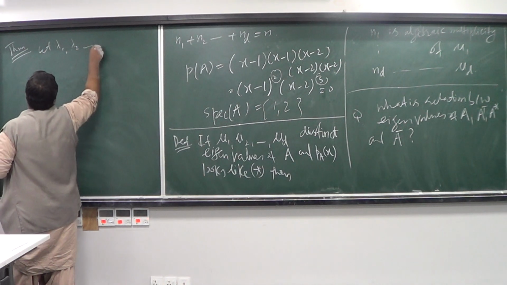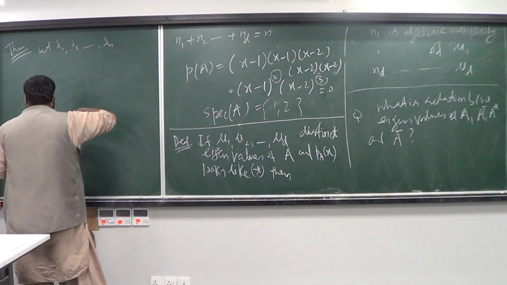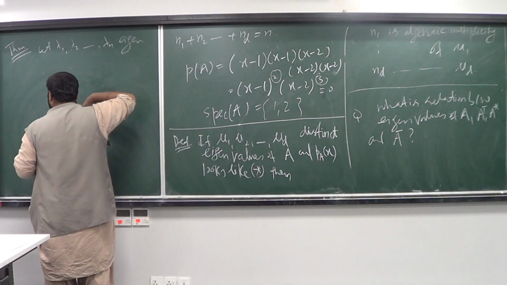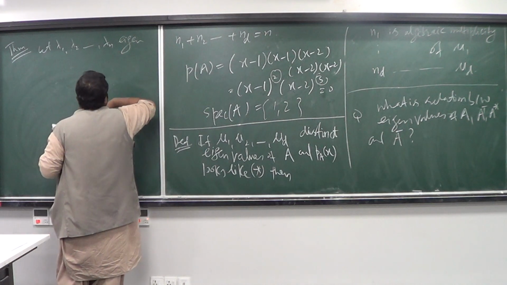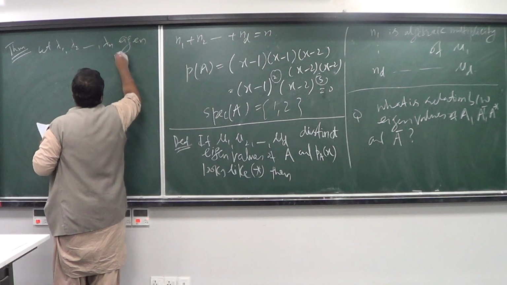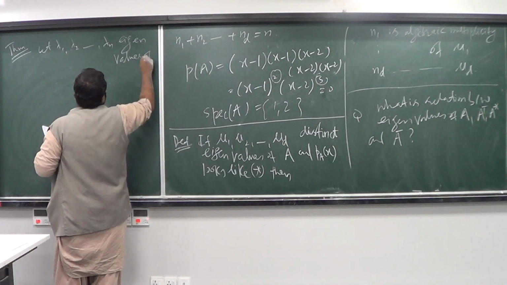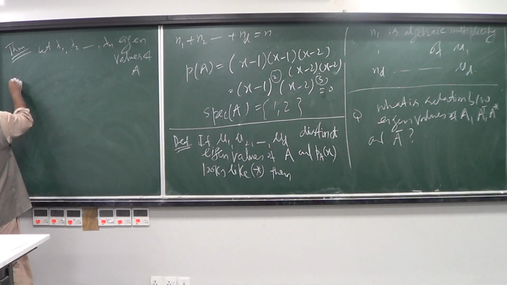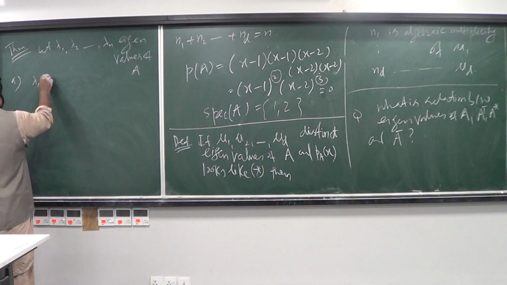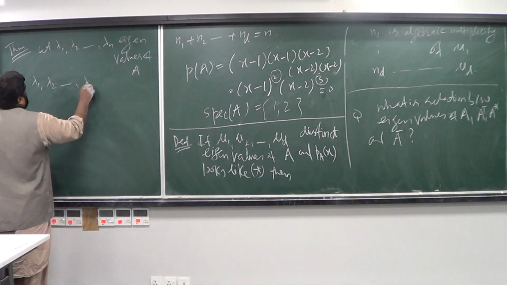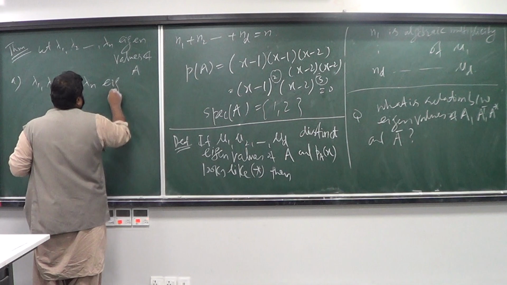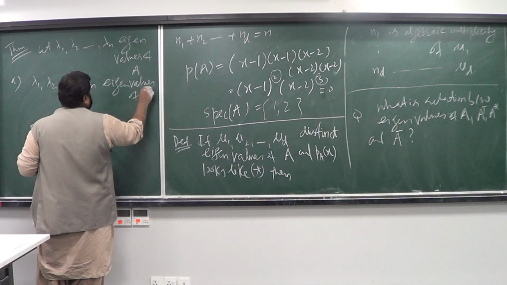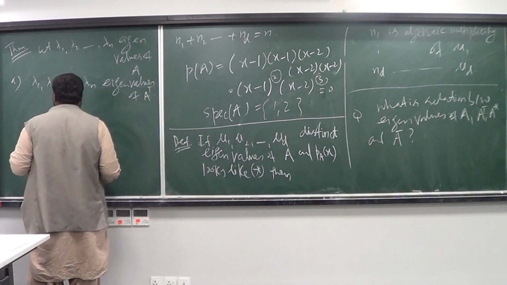Let lambda 1, lambda 2, lambda n be the eigenvalues of matrix A. Then the same are the eigenvalues of A transpose.